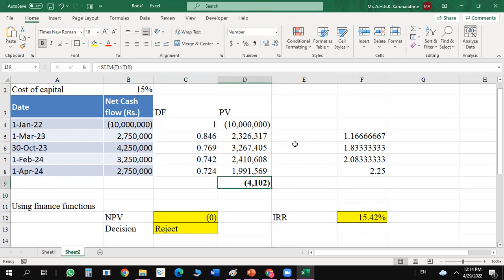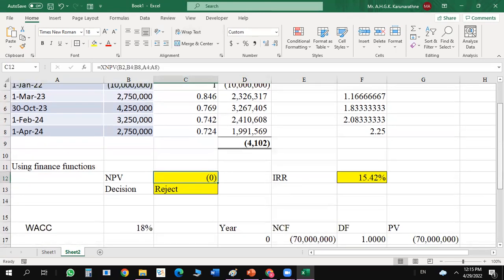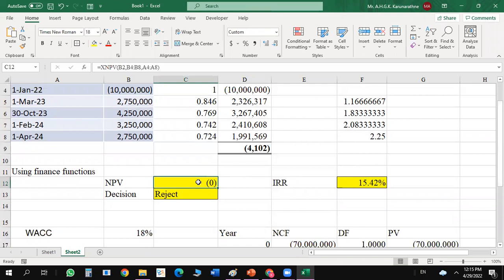It is due to rounding effects. Approximately this can be accepted as zero. Don't think this is a big amount; it is only some millions in order. Here you can see this has become zero.